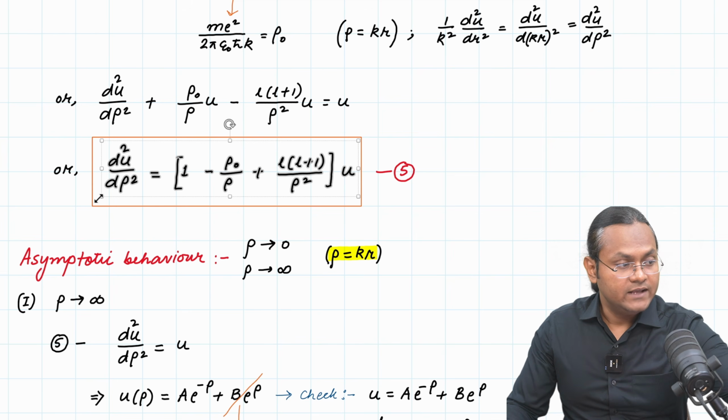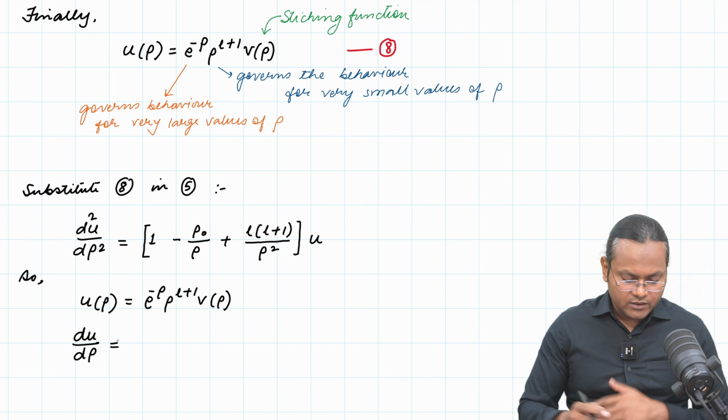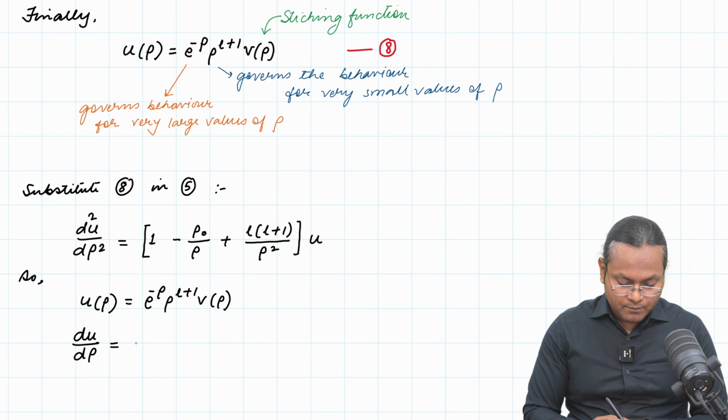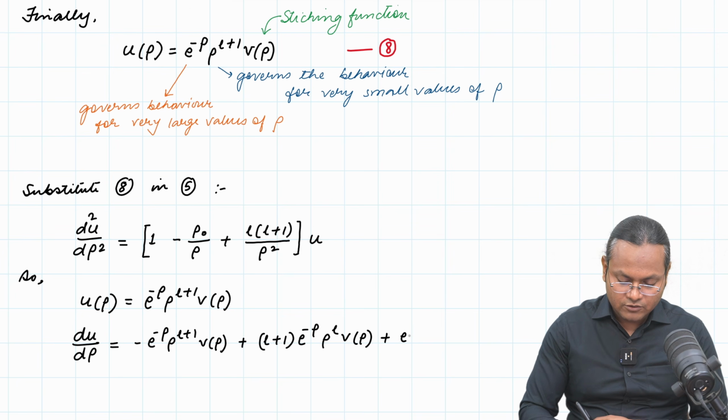Then du upon d rho would look something like, there are three terms, three functions of rho, so minus e to the power minus rho, rho to the power L plus 1, V of rho, plus, and here you have L plus 1 e to the power minus rho, rho to the power L V, plus e to the power minus rho, rho to the power L plus 1 dv upon d rho.